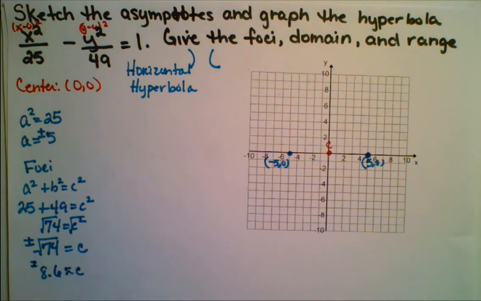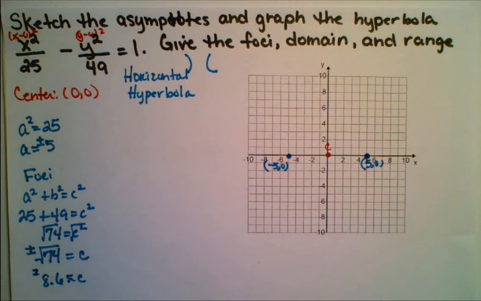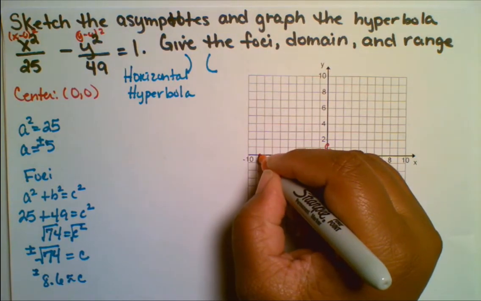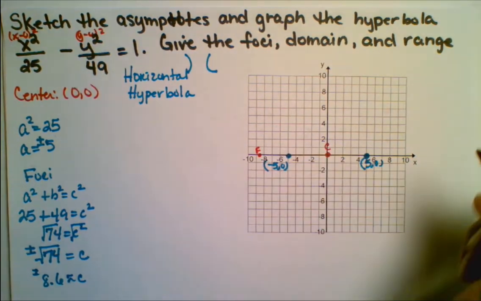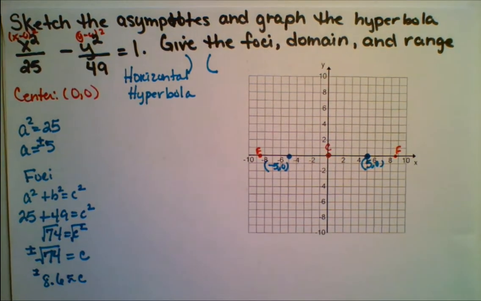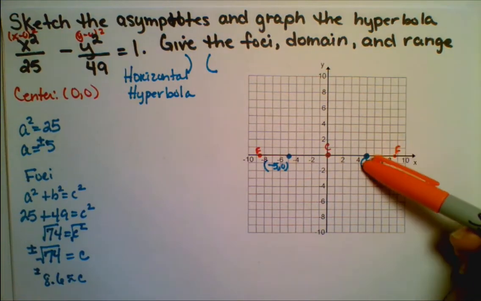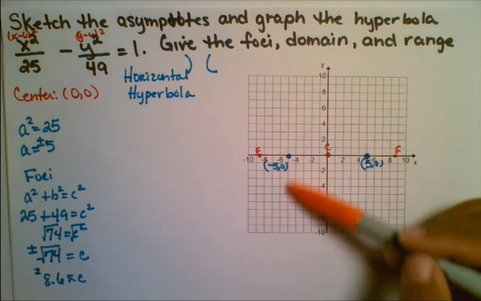Okay, so then we will plot that over. I'm going to draw that, make it orange. 8.6, so plus or minus, and put F here for the foci. So it's facing in the direction as to how we're going to open and close this hyperbola.